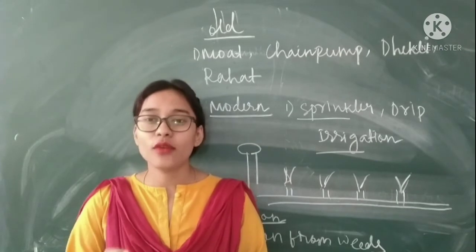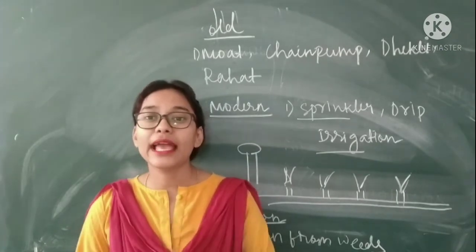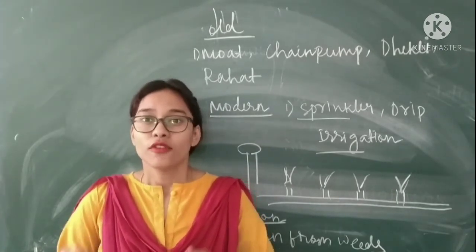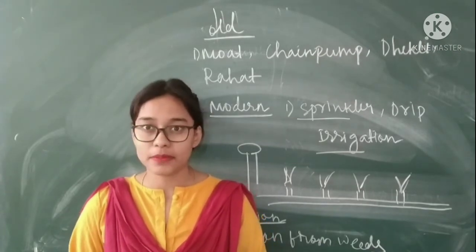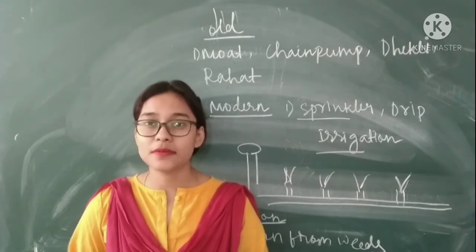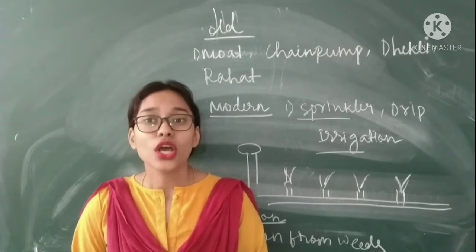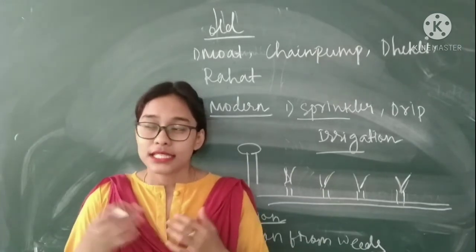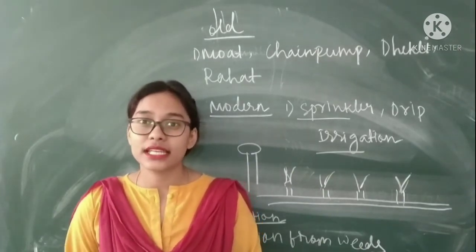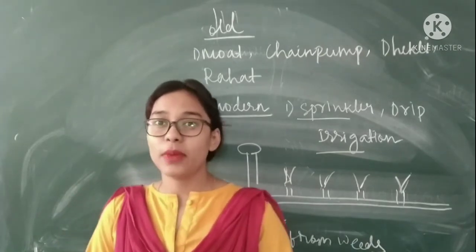Is it not? Now we will discuss food from animals. You see, for crop production there are several steps. We need to follow several steps. Then only at last we will get the crop. Likewise, in some places, like coastal areas, most of the people depend on fishes for their food.